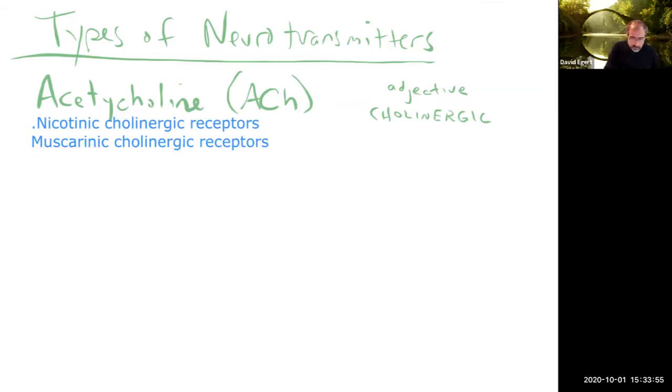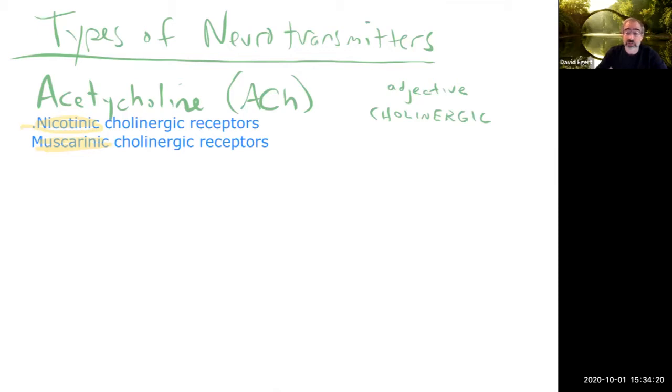So these are our two main kinds of receptors. They get their names, nicotinic versus muscarinic, from endogenous ligands that will bind specifically to one or the other.